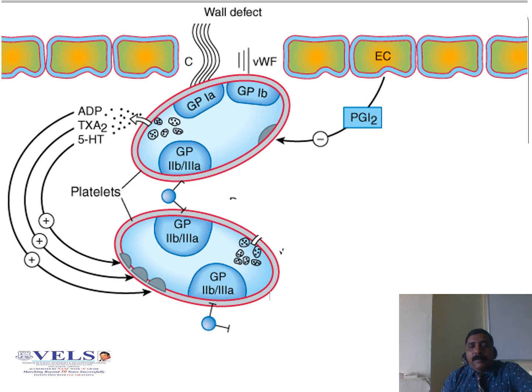The adherence of platelets to the vascular endothelium leads to activation of platelets and release of various mediators of platelet aggregation, including TXA2, ADP and 5-HT. These mediators increase expression of GP 2B/3A receptors that bind fibrinogen and cause platelet aggregation. This is the major mechanism. So if you understand this mechanism, you can easily write it in the exam.